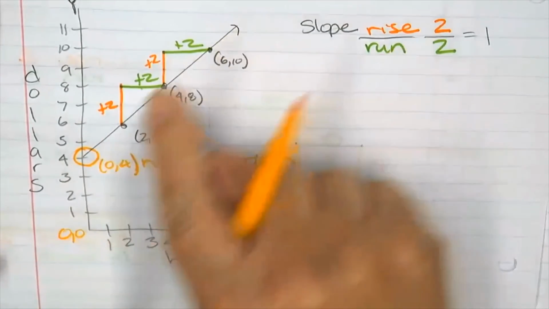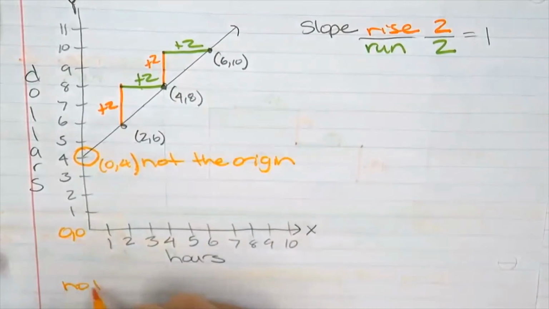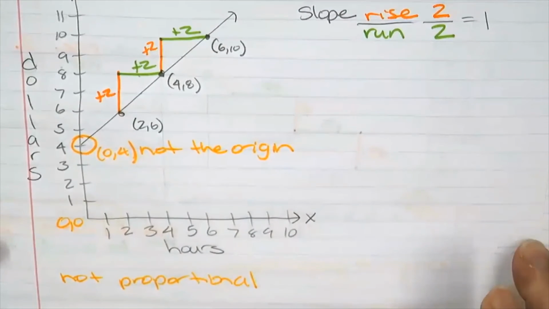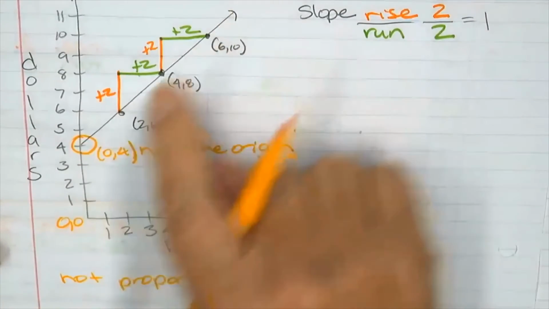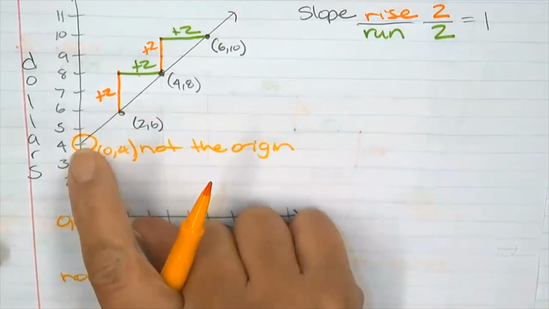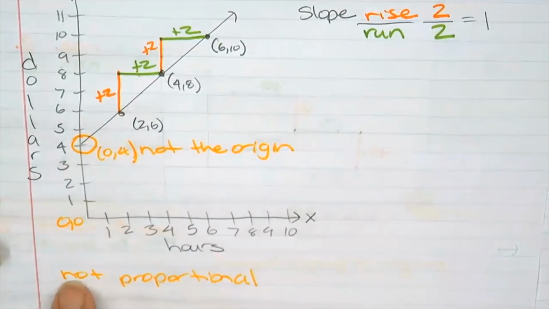Because our line is not crossing at the origin, it is not proportional. Here's my origin. This is where my line is crossing my y-axis at 0, 4. This is not the origin. So this is not proportional.